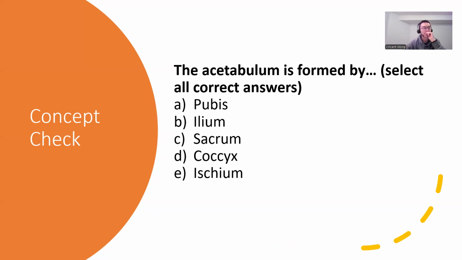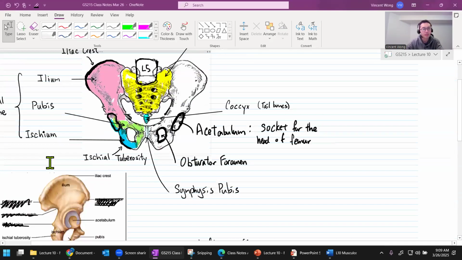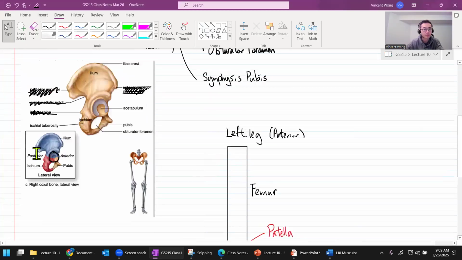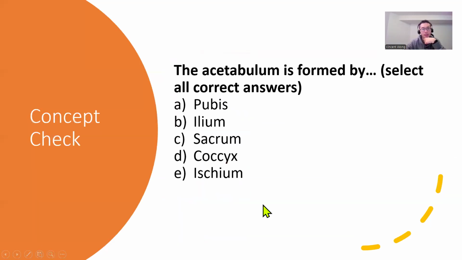Okay, if you look at the notes that we had, there are three bones that form the acetabulum. This circle here is the acetabulum. We have the ilium, ischium, and pubis. So it's A, B, and E.